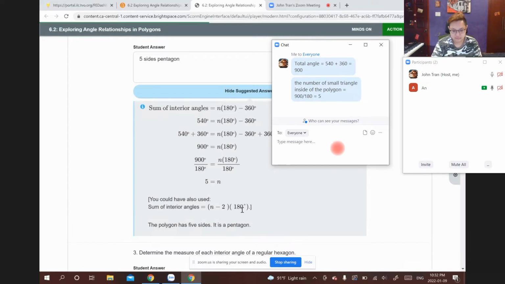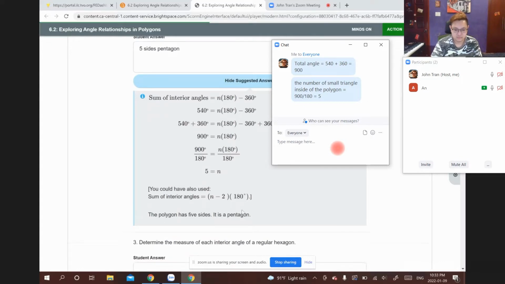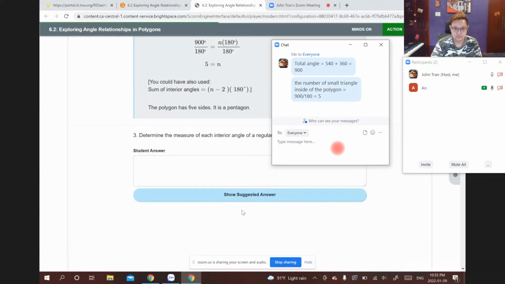Each interior angle of a regular hexagon.